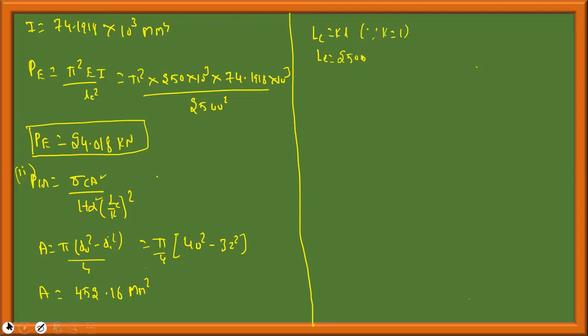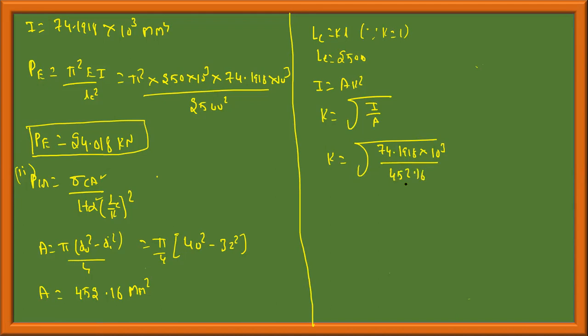Okay, L effective is 2500 mm, and then we know that I is equal to AK square, or K is equal to root I by A. I have found I previously, which was 74.1918 into 10 power 3 by area 452.16.